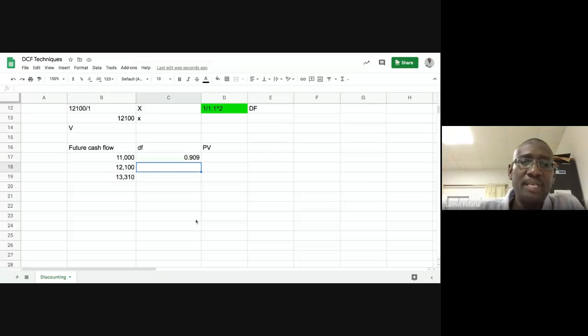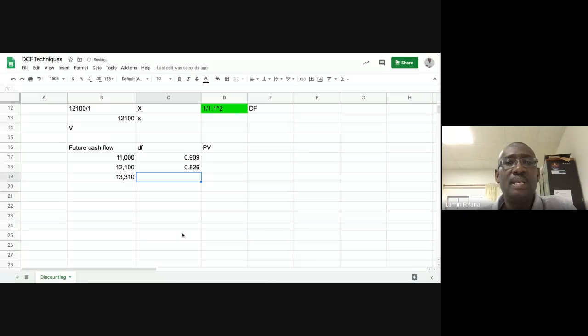We do the same thing here. In your calculator, 1 divided by, bracket open, 1.1, close your bracket, raised to power 2, you enter. You get 0.826.